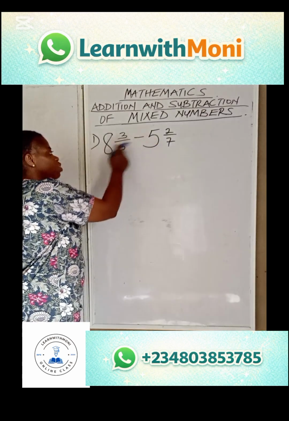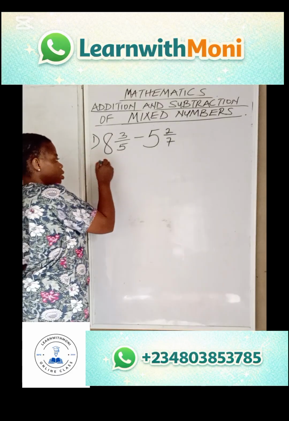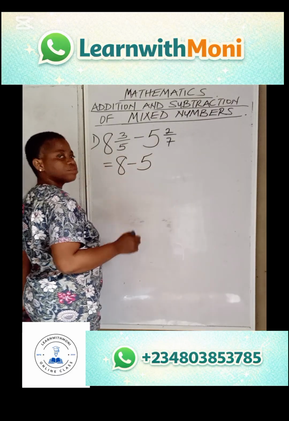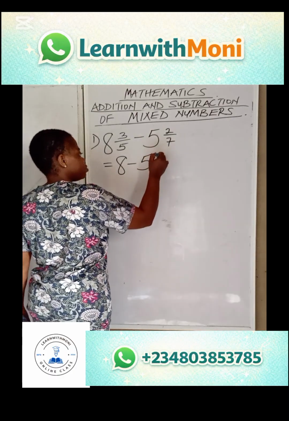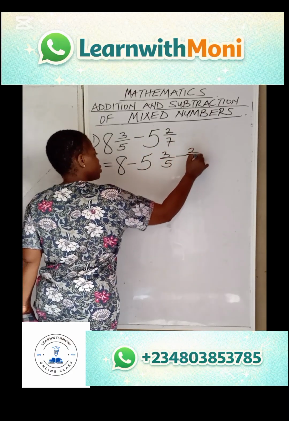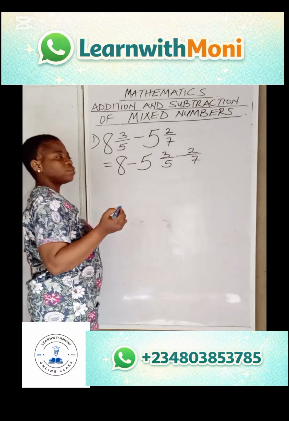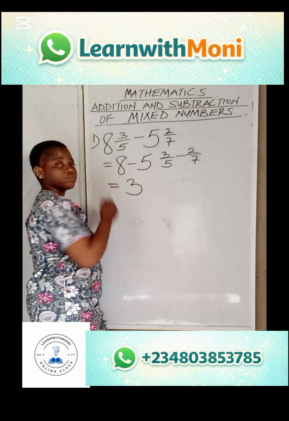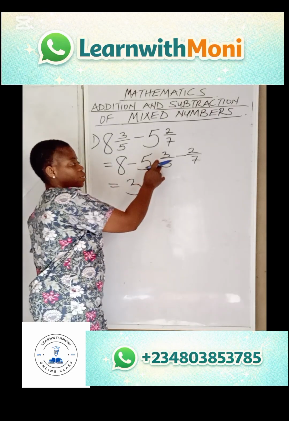I will have to subtract the whole numbers first. That is 8 minus 5. Then I have 3 over 5 minus 2 over 7. 8 minus 5 is 3.